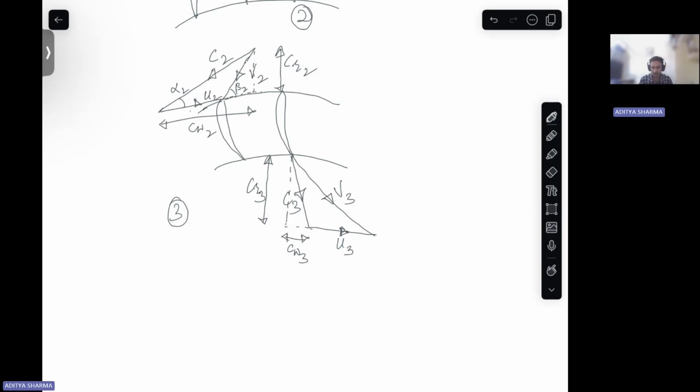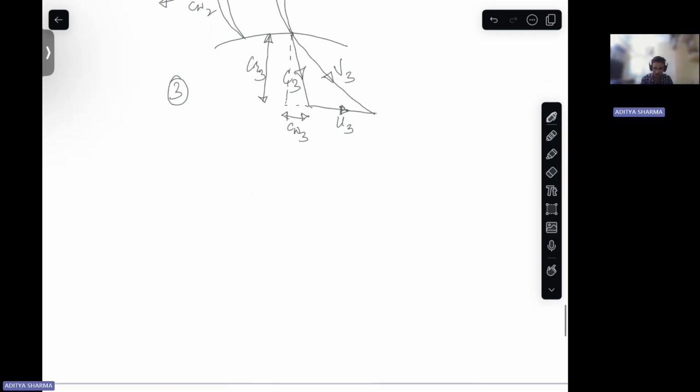For that, your blade angle has to be 90 degrees at the entry. And then at the exit, you have your fluid angle equal to 90 degrees. So if you see your lecture number 35, from there only.